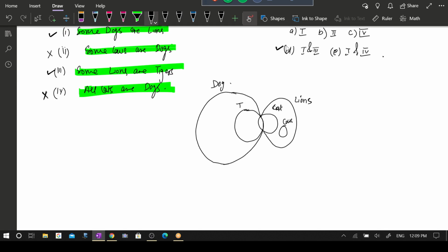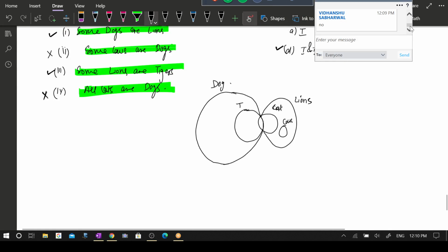You can click the photo. Vidanshu, is it not clear? Vidanshu and Gokul, what's the problem, guys? Is the diagram not clear?